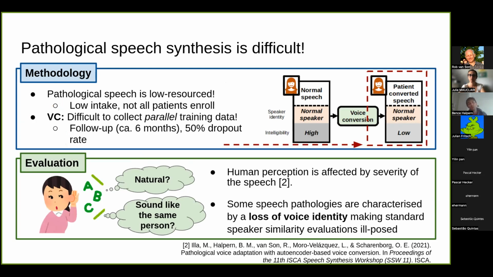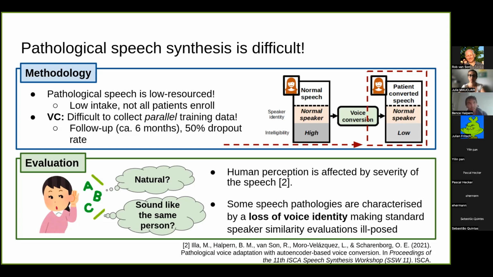With the voice conversion approaches that we will see later in this presentation, there is this additional shortcoming that in order to get natural speech or better pathological speech, we would need parallel training data, but that's even more difficult to collect, because 50% of oral cancer patients drop out during the data collection, and we also need to wait a lot of time between these two data collections in order for the voice to stabilize. That means that collecting such data is quite challenging.